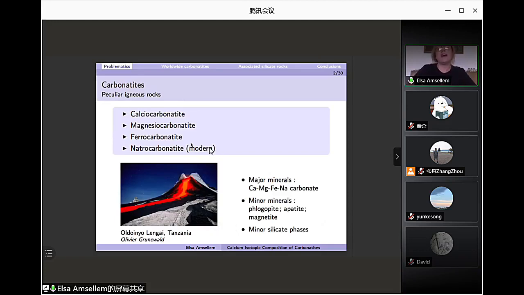Carbonatites are rare igneous rocks that contain mostly carbonate minerals and almost no silica. They are often associated with silicate rocks, but they are very different from them. There are 4 types of carbonatites found on Earth.